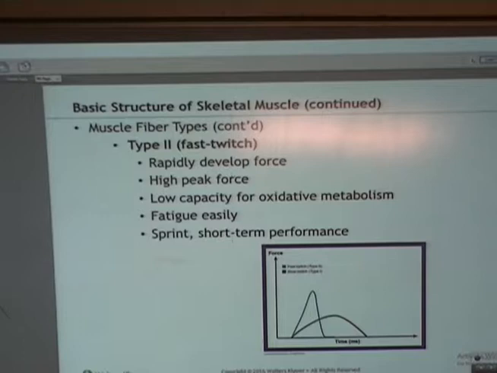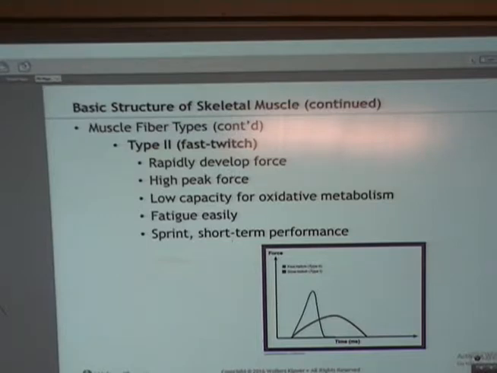If we look at an elite endurance athlete, a really good 10K or marathon runner, then their ratio is much more, so let's say this is type 2 and this is type 1. Their ratio is much more likely to be anywhere from 70 to 85% type 1s, and that leaves us 15 to 30% type 2s.